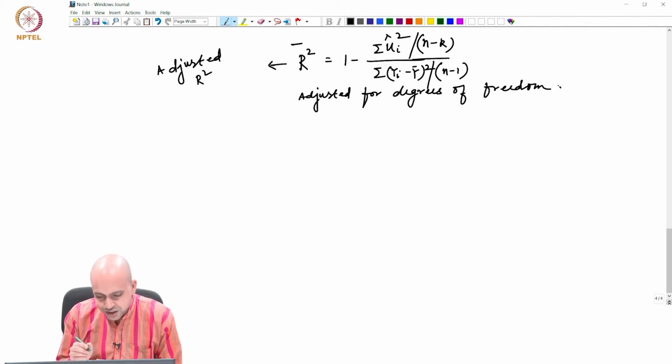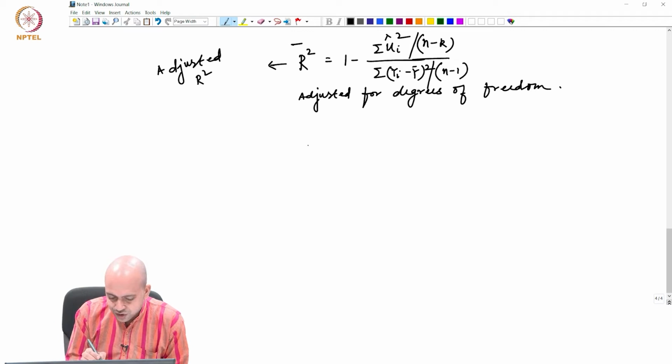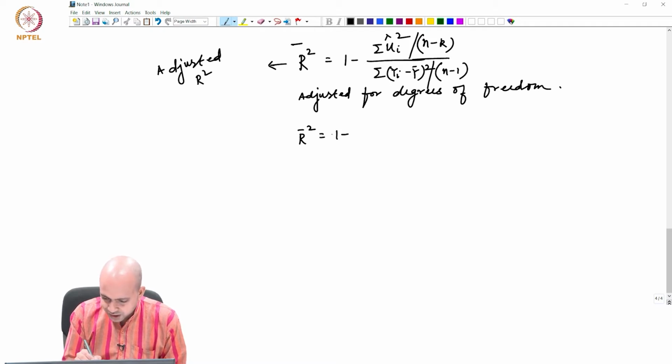And what is the relationship between r bar square and r square? See, r bar square equals 1 minus, you can easily understand, 1 minus r square into n minus 1 by n minus k.